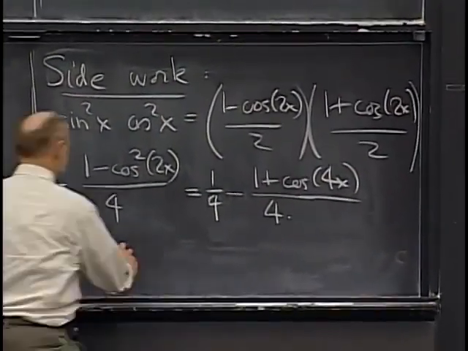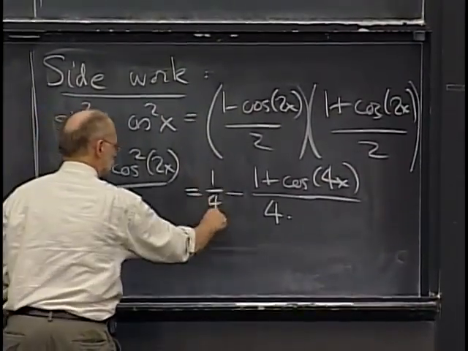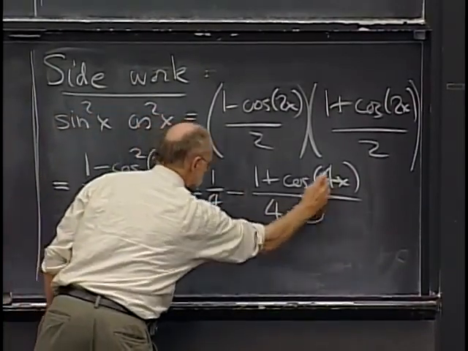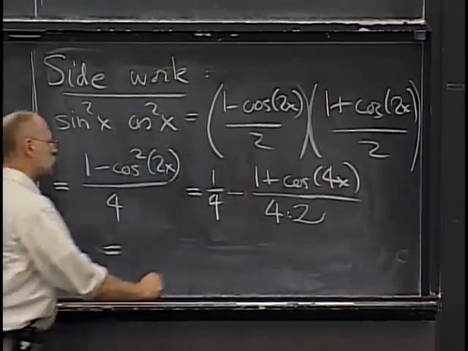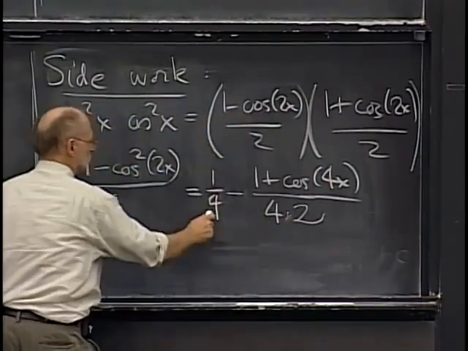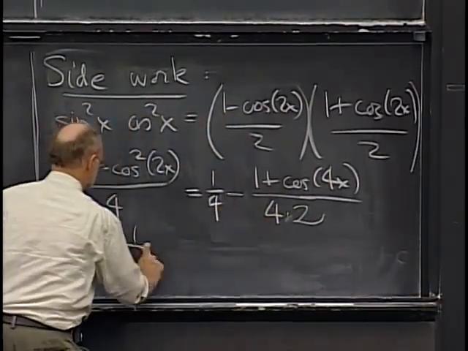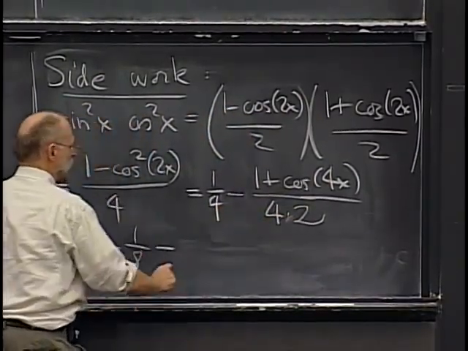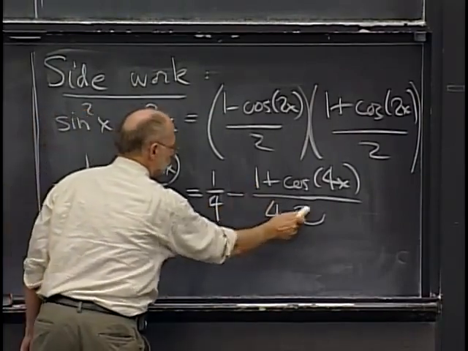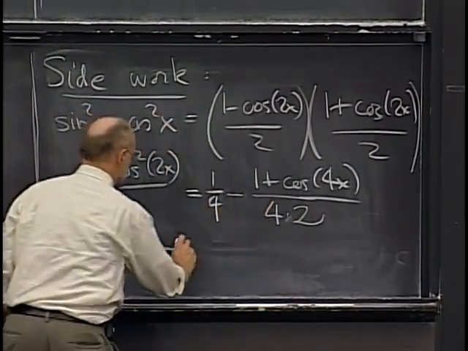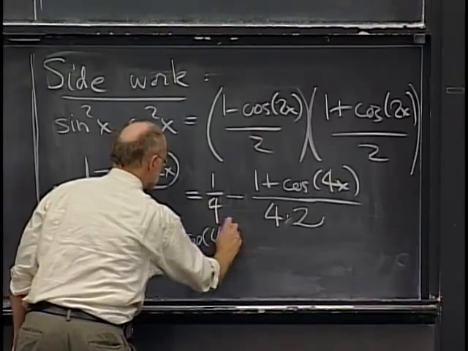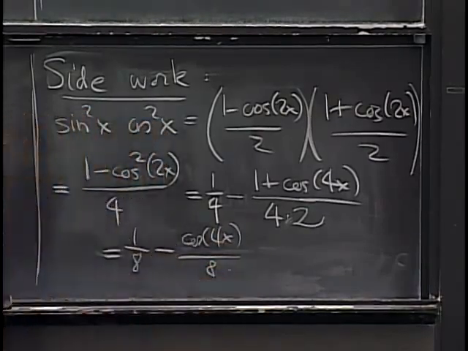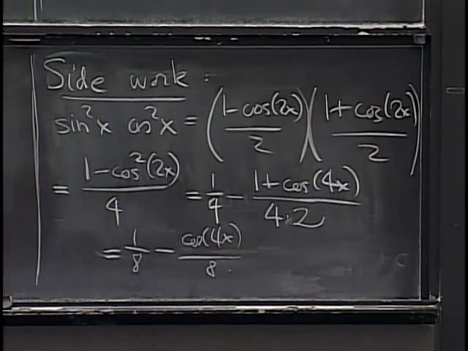And I guess I could simplify that a little bit more. This is a quarter, oh, but then there's a 2. Here, it's half that. So then I can simplify a little more. It's a quarter minus an eighth, which is an eighth. And then I have an eighth of cosine of 4x. Okay, that's my side work.